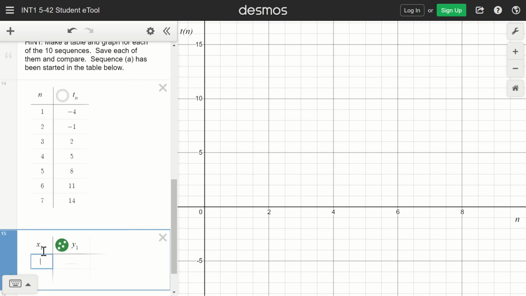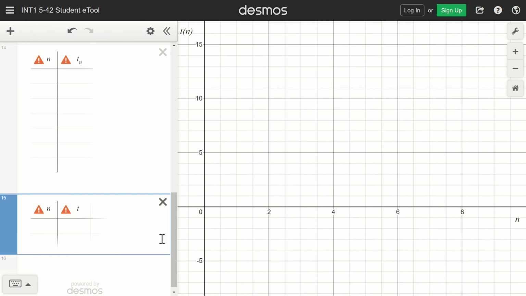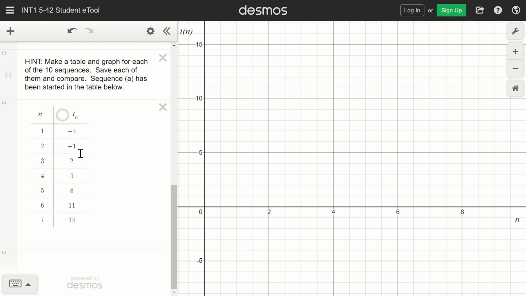Now I would call these n and t of n. That's going to be a problem because Desmos won't allow the same name, so maybe you're going to want to change these.